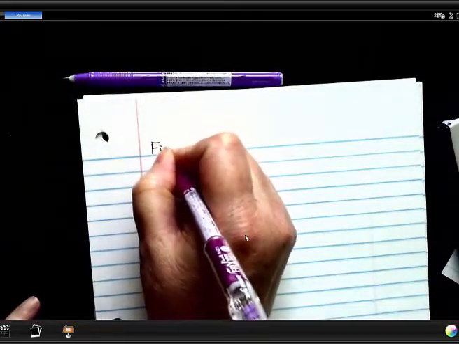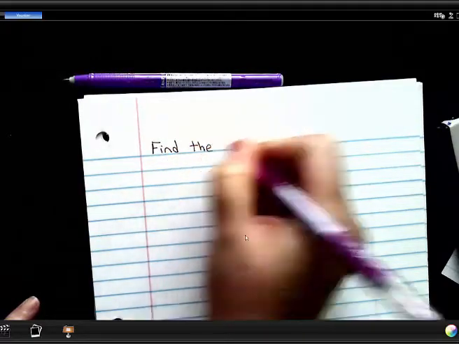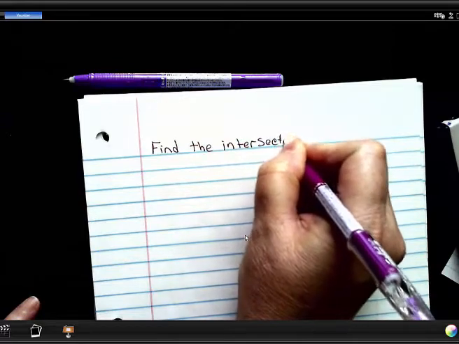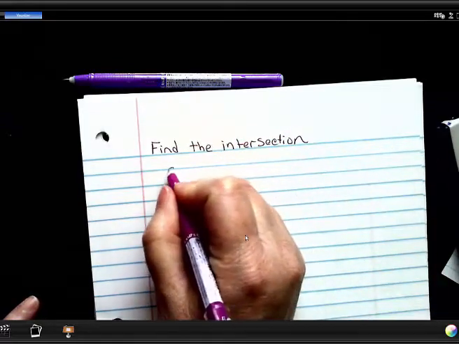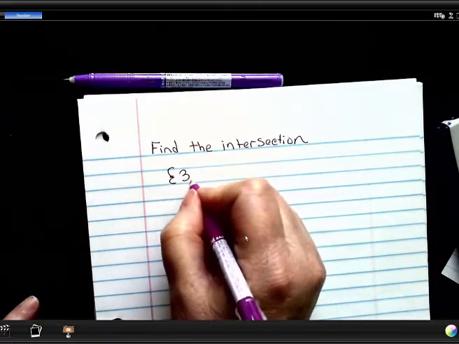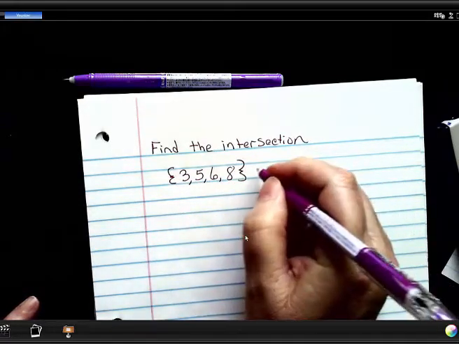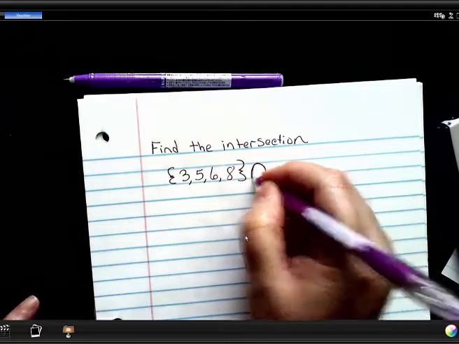So let's actually take a look at an example of what I'm talking about. Find the intersection of these two sets. And remember, intersection is this symbol.